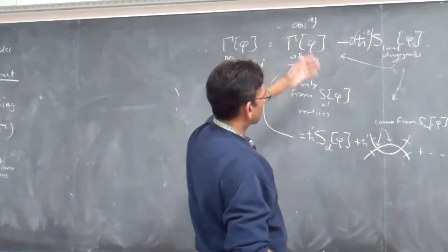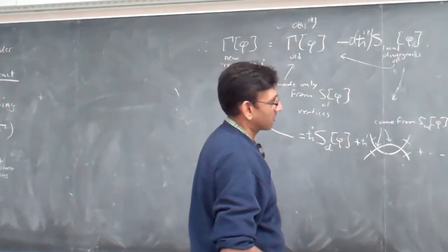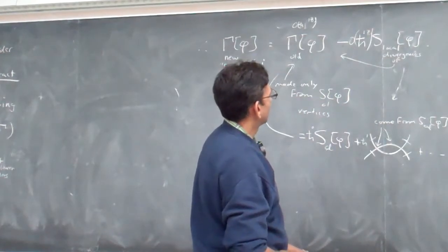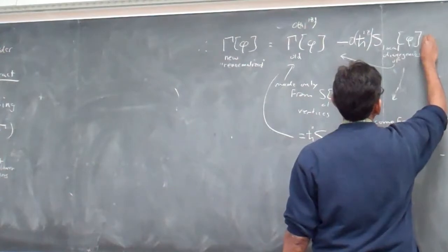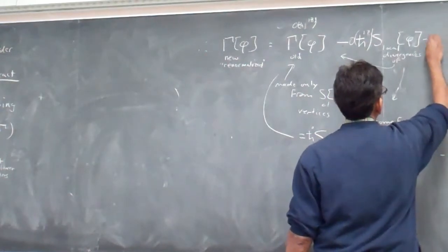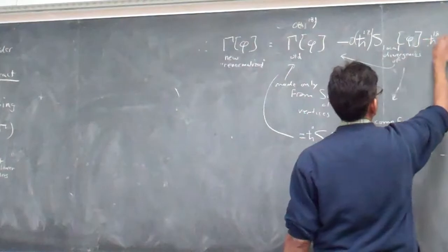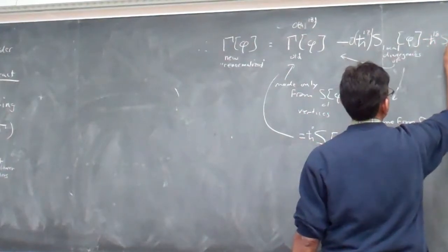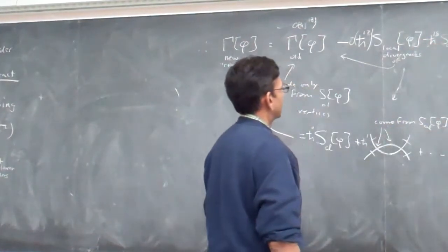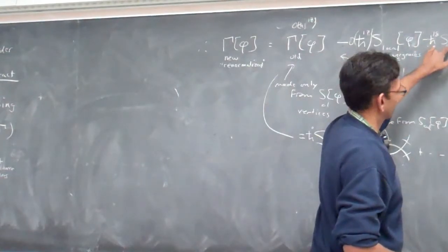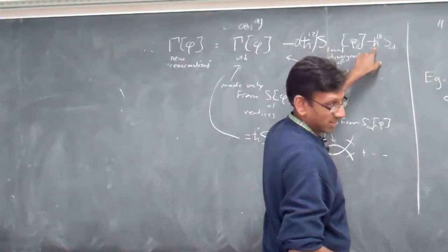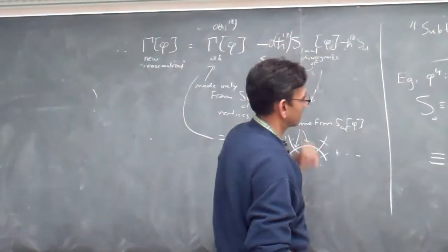You get order h bar to the 18th ultraviolet divergences, and now you can subtract that with an order h bar to the 18th correction to this S counterterm. Okay. But this itself will be only contributing at tree level because it's already order h bar to the 18th. Okay, it's a generalization of this other.